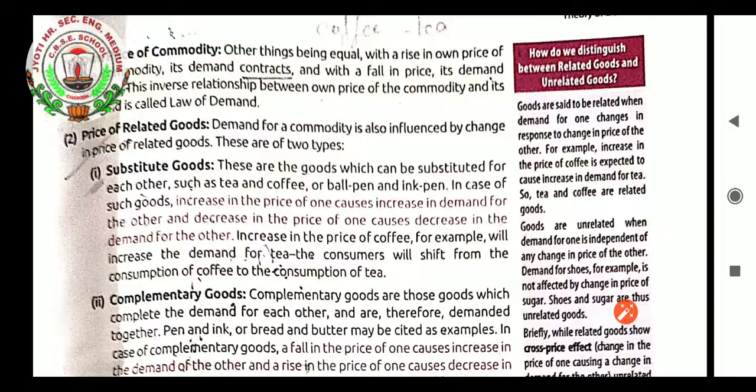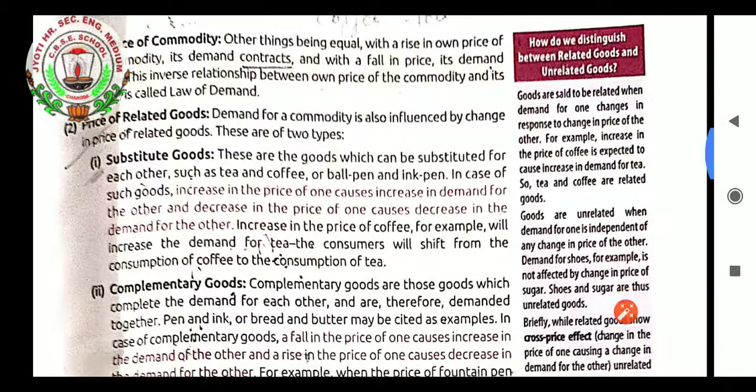If you are not comfortable purchasing the gel pen at that higher cost, you can purchase the substitute good, that is the ballpoint pen. And in the same way, those who are purchasing the ballpoint pen, when the price increases beyond a certain level, can have a substitute, that they can purchase the gel pen and other pens which are available at a lower cost than the ballpoint pen. So that is known as substitute goods.